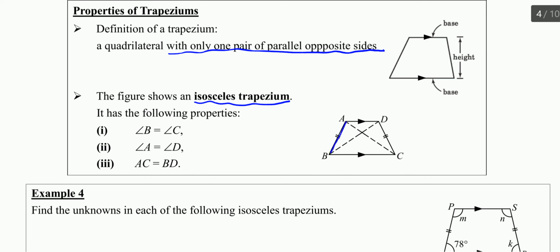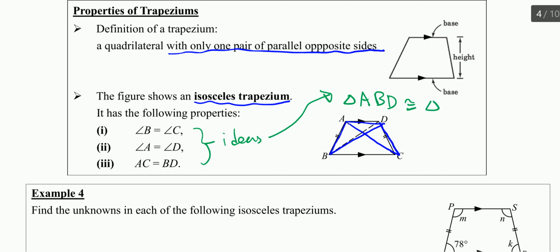We can follow the ideas of congruent triangles: triangle ABD must be congruent to triangle DCA. If you understand that this is a congruent triangle, you can find the following properties.